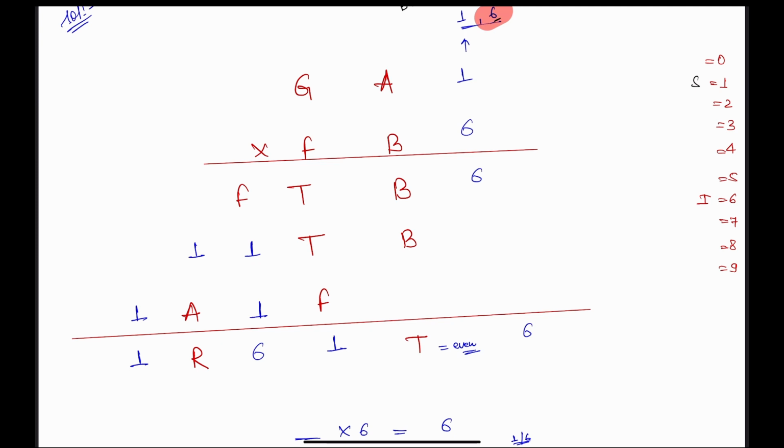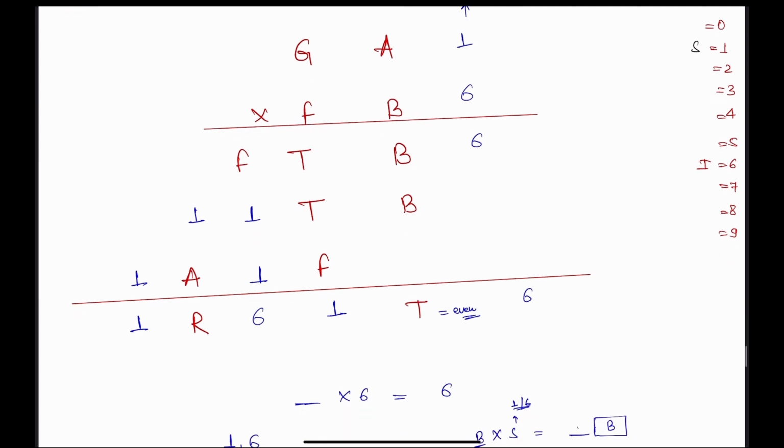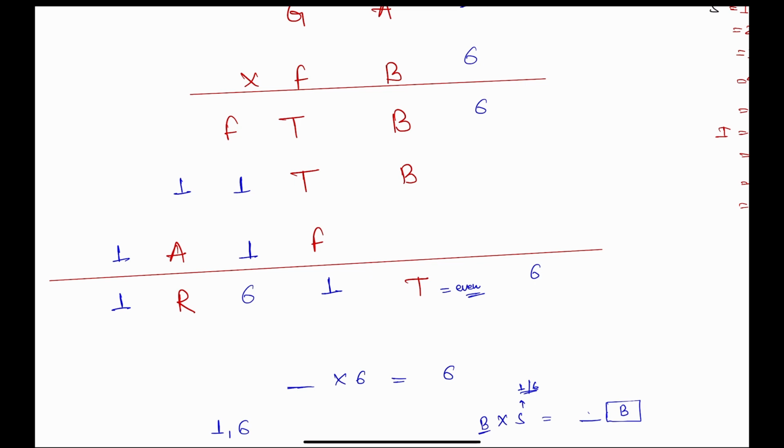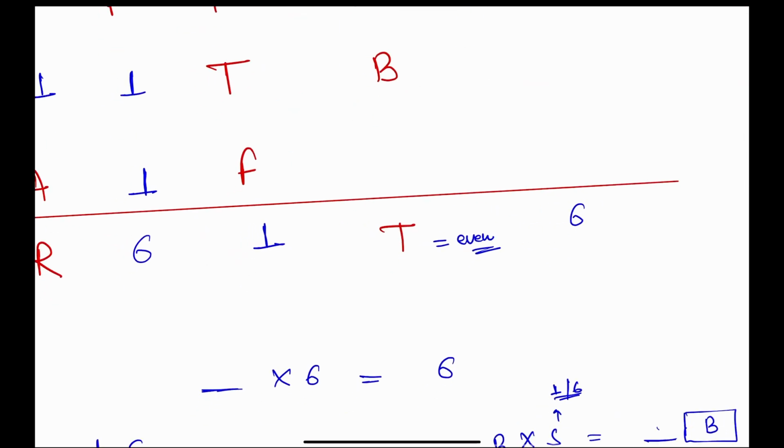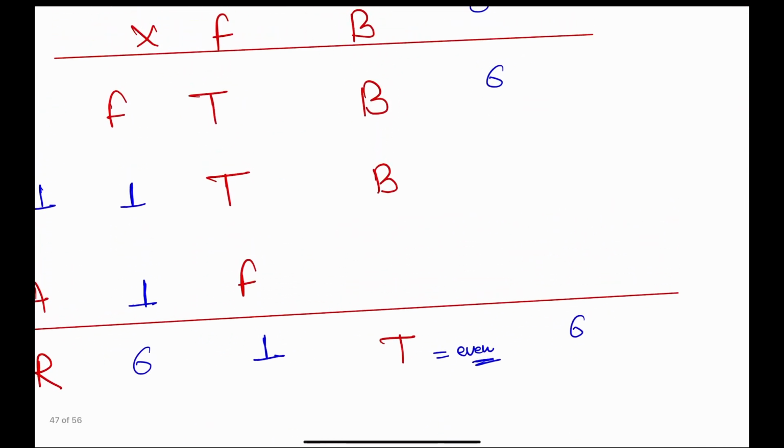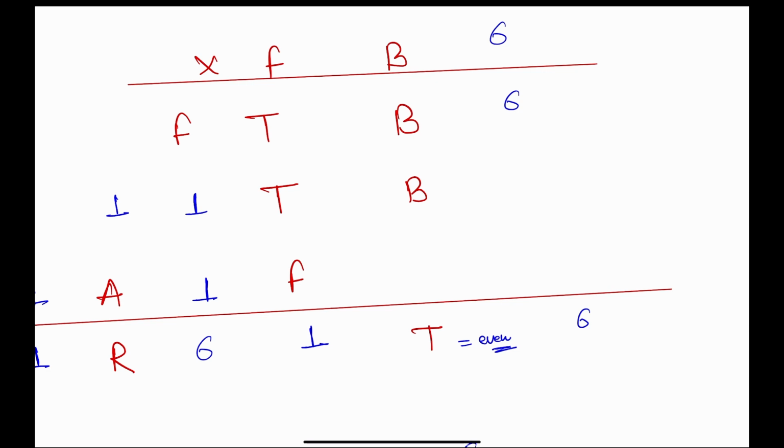Now the second thing we need to think of is how to get the other values. What are the different Q's we can get? Let's see one thing. I wrote over here even. So B plus B is even, and T is also even. T is also even, over here also even.